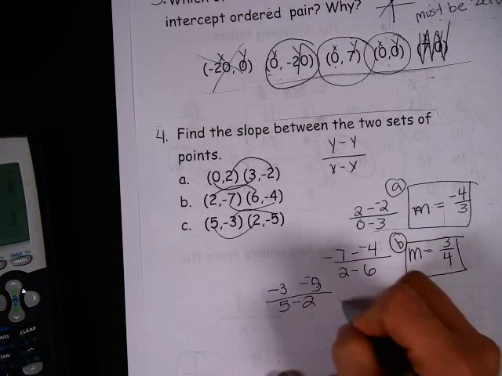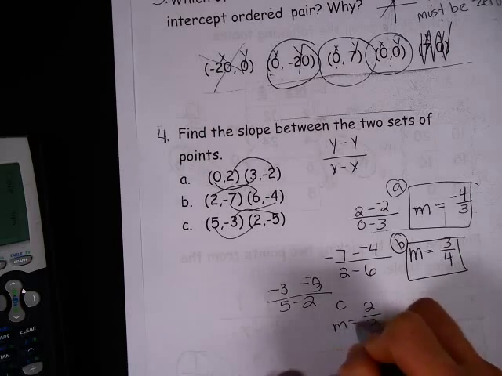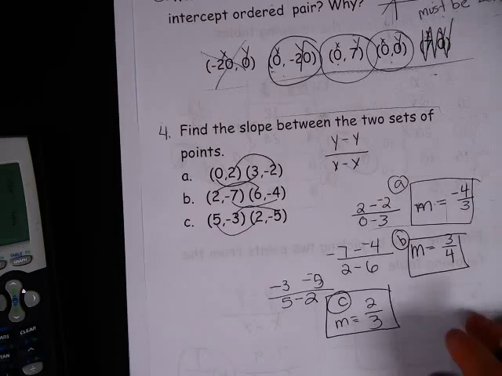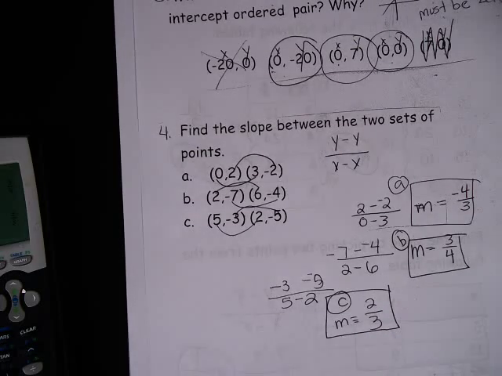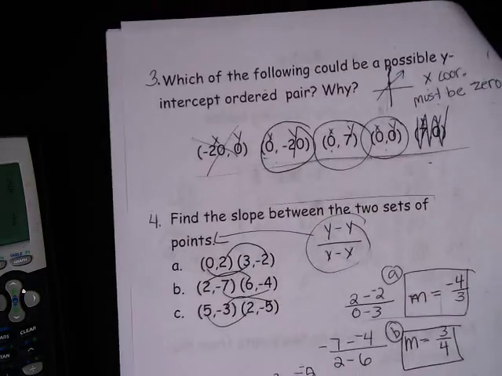So this is C, m equals 2/3. Okay? Those are your 3. That is how you do it. It's this formula. This is when you have 2 points.